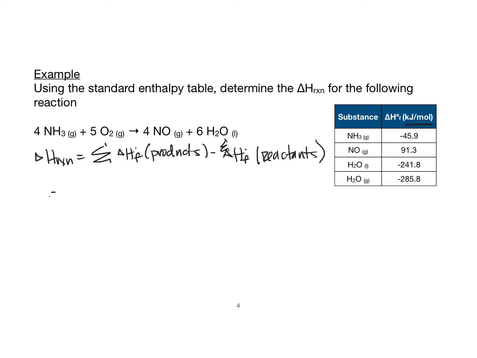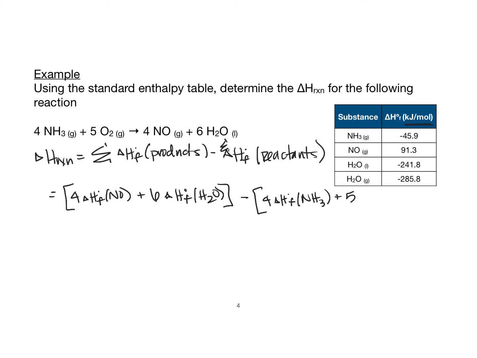In this case, it's going to equal 4 times delta H°f of NO plus 6 times delta H°f of H2O, minus 4 delta H°f of NH3 plus 5 delta H°f of O2.